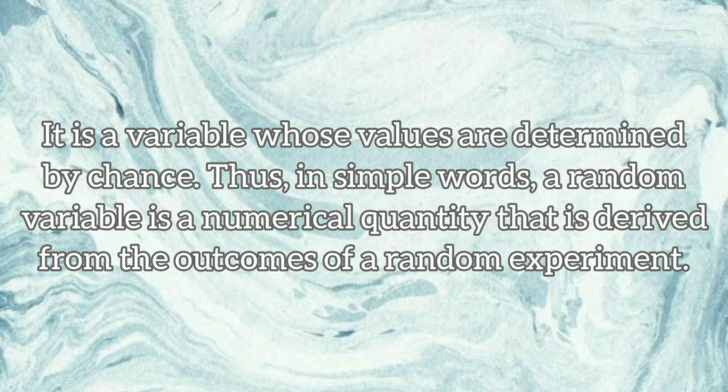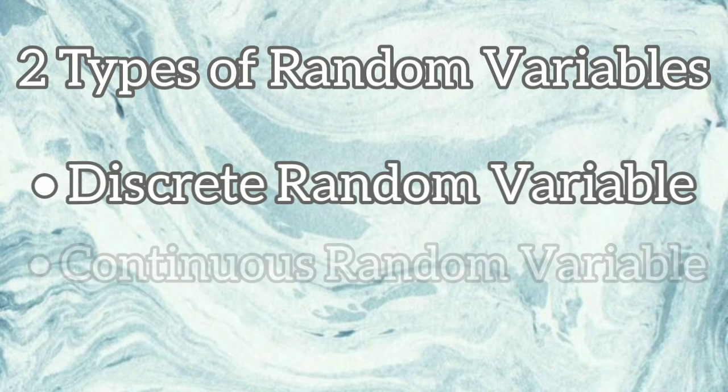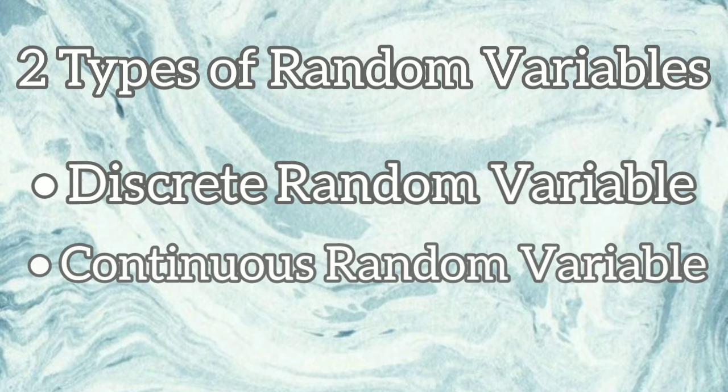It is a variable whose values are determined by chance. Thus, in simple words, a random variable is a numerical quantity that is derived from the outcomes of a random experiment. There are two types of random variables: the discrete and continuous random variables.